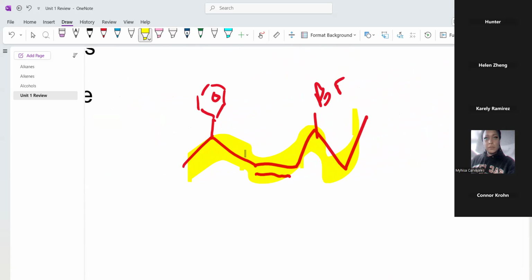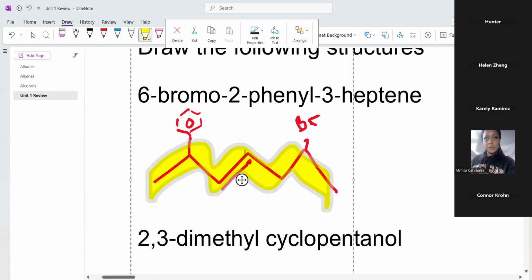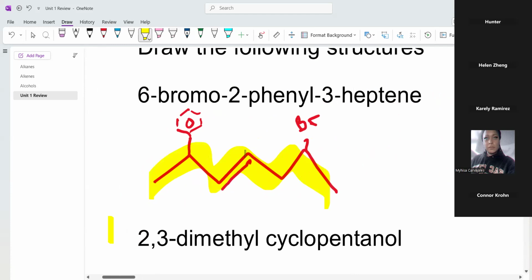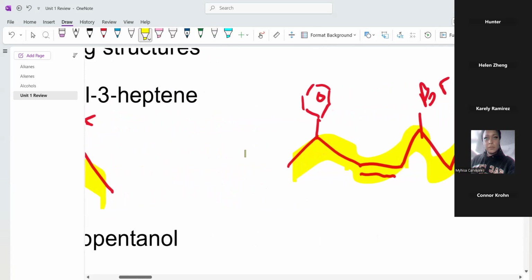I mean, not methyl groups, but carbon attachments. Oh, right here. I see. And then over here, they're on opposite sides. Does that make more sense? Yes, thank you. Okay.